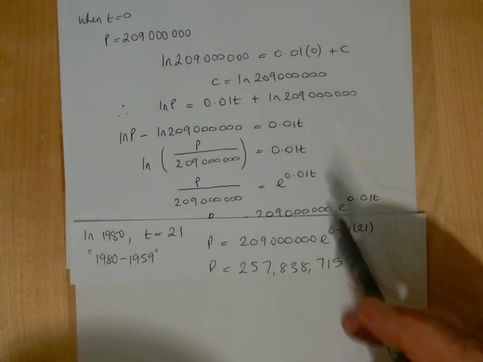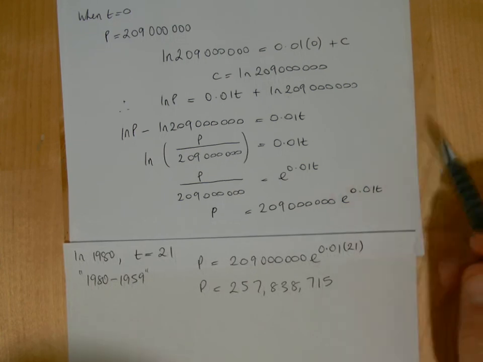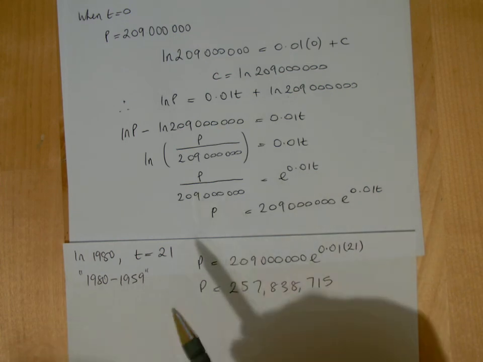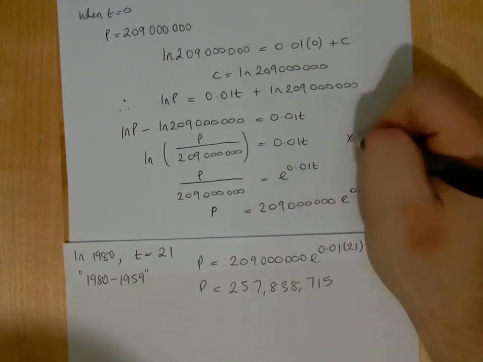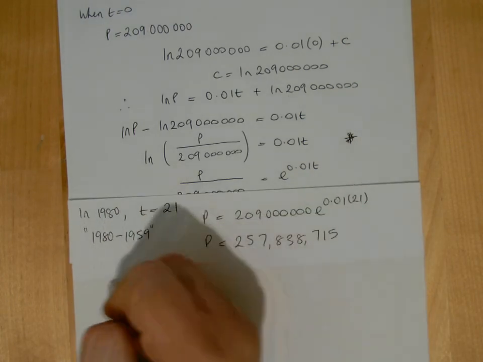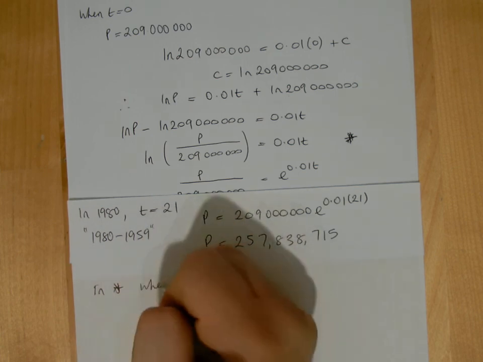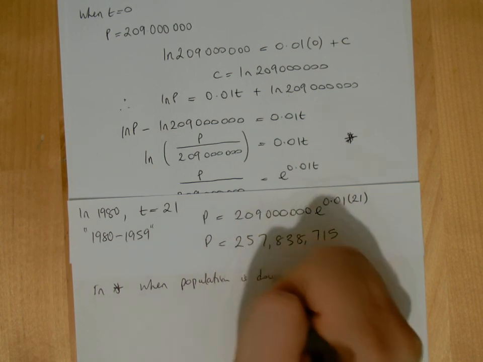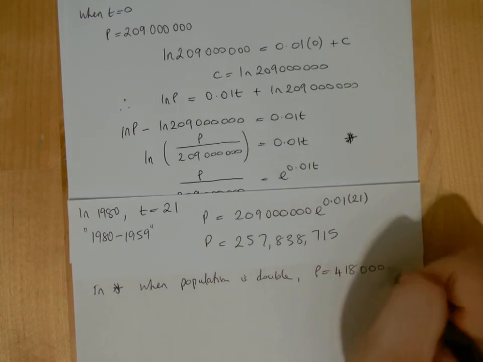And it says, when will the population be double that of 1959? Now, what is best to do in that case? Obviously, in 1959, the population was 209 million. Double it, it would be 418 million. What's actually good is, don't use this equation. Go back to this one here, because it's much easier to deal with. Okay, so in other words, in star, when population is double, P will equal 418 million.